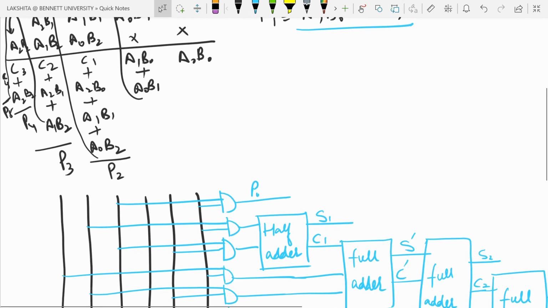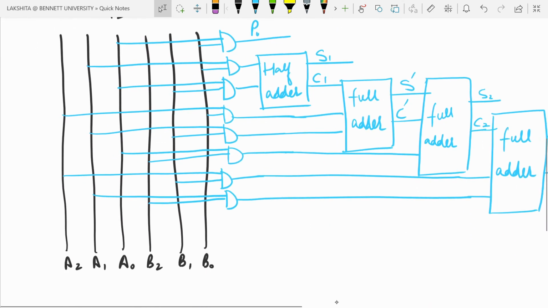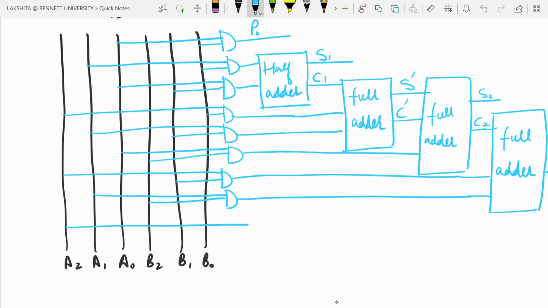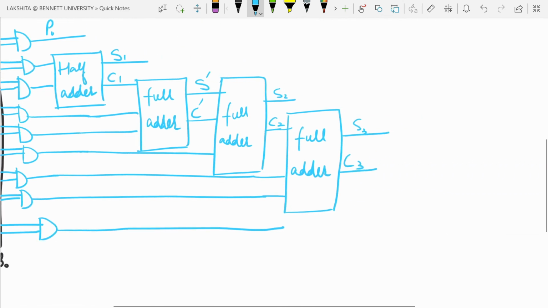For P4 we have C3 plus A2 B2. We'll add C3 plus A2 B2 using a half adder.